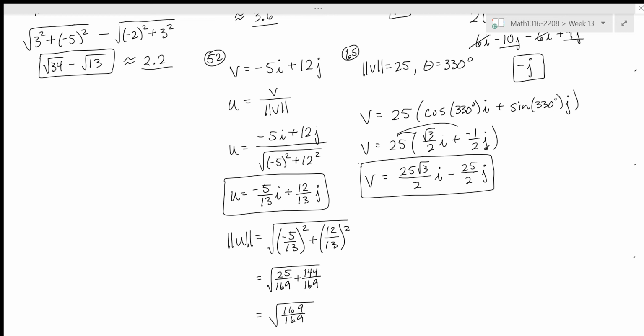If you have a nice calculator that'll give you those fractions, you sure can. But if you have a TI-83 or an 84, I wouldn't do it. Because probably on the test it's going to say give the exact value. And I'm going to want the square root of 3 in it. But yeah, you can distribute right here and just put that in your calculator and attach the i and the j.